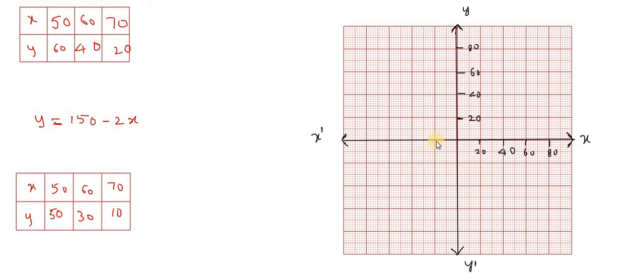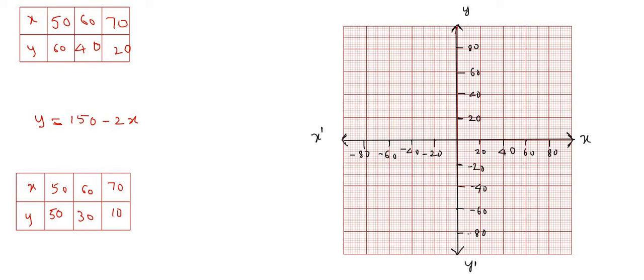Everything here is negative: negative 20, negative 40, negative 60, and negative 80.